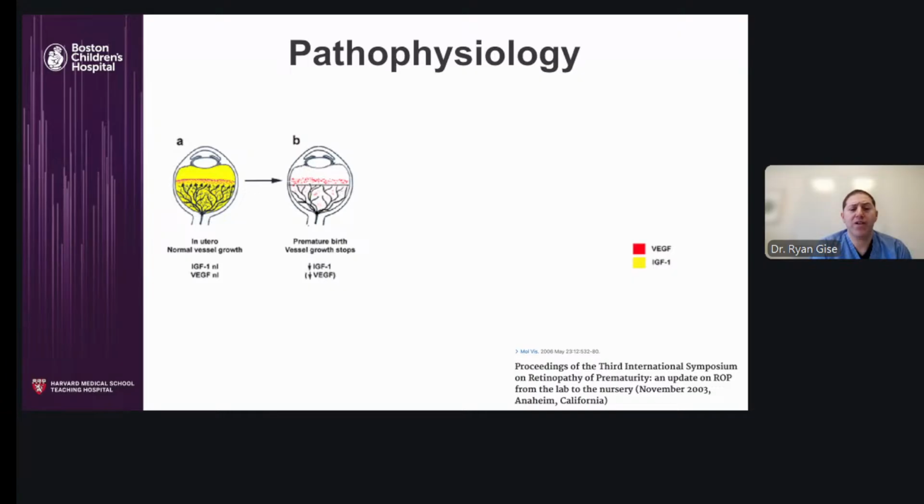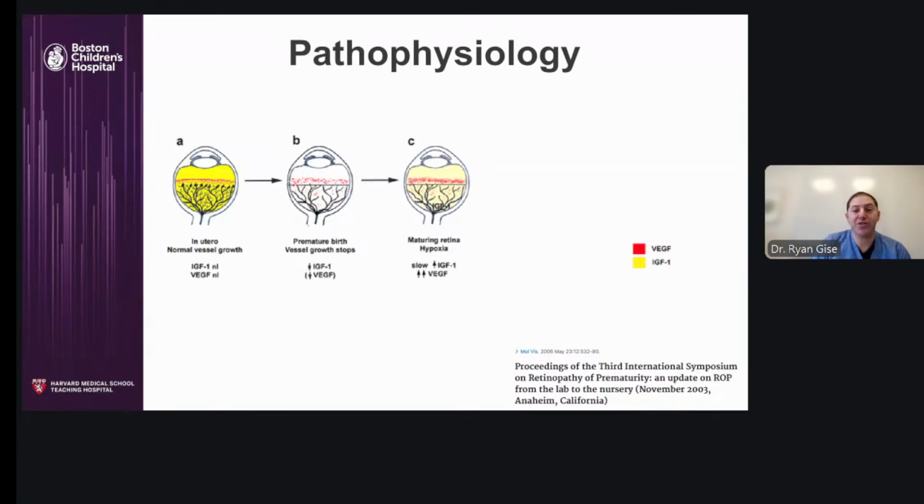And once it becomes hyperoxic, the signaling to promote vessel growth, the VEGF and the IGF-1 levels, start to decrease, and vessel growth arrests. Then, as the retina starts to mature and become more metabolically active, it starts to send out increased signaling to help the blood vessels grow.